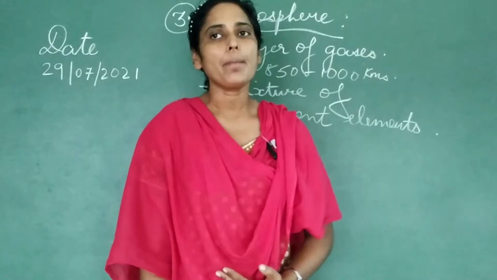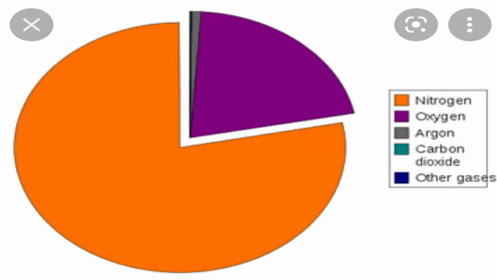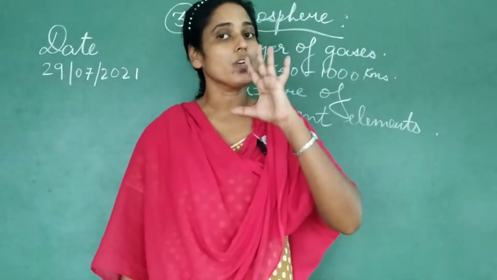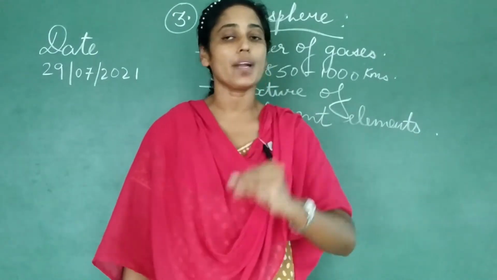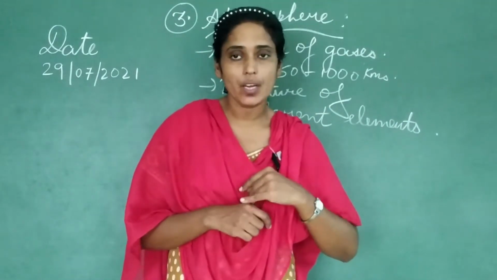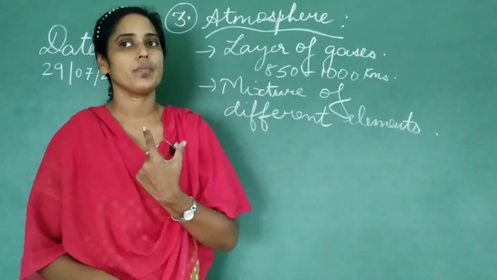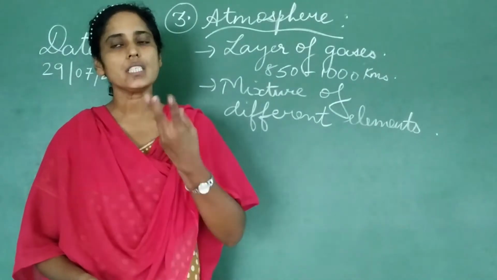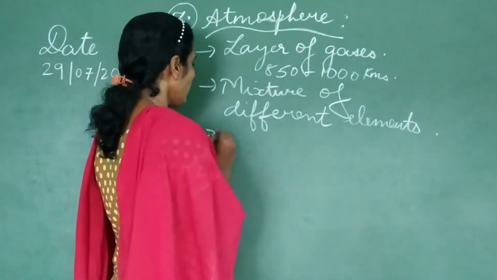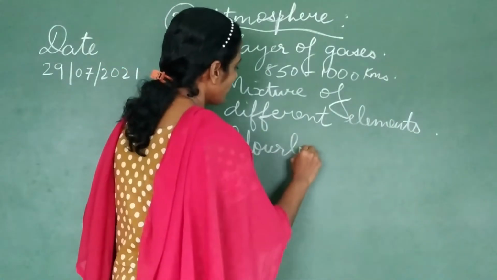Okay, and so what happens? Atmosphere is colorless, odorless and tasteless. You can't have any specific color for atmosphere. Atmosphere has no specific color, atmosphere has no specific odor. Odor means what? Smell. And tasteless. These 3 properties are very essential. Atmosphere is odorless, that is no smell.